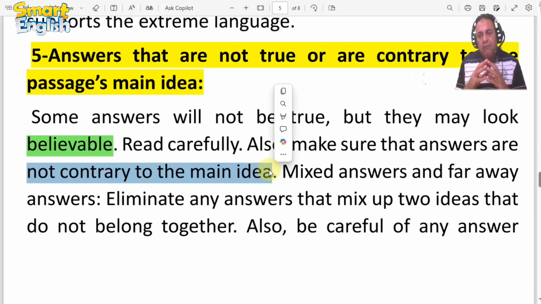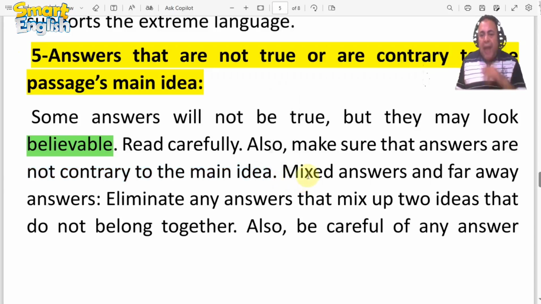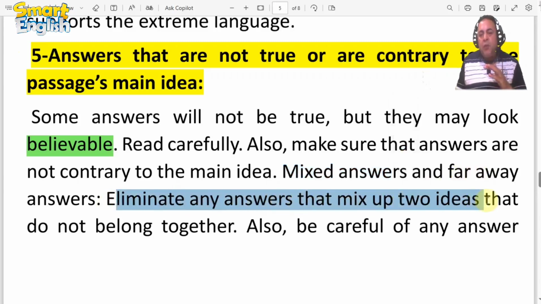it is not the right one, okay? Mixed answers, as I said before, and far away answers: eliminate any answer that mixes up two ideas. Any choice that contains two ideas, like "it is red, but I don't like it," is completely wrong because it contains two ideas.